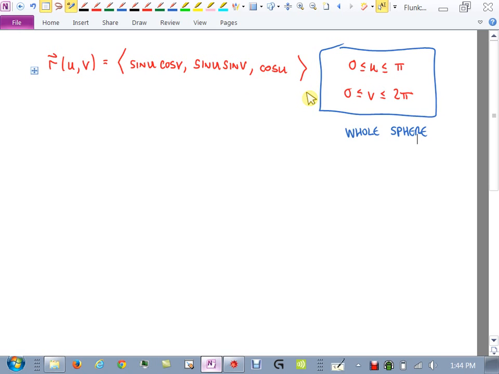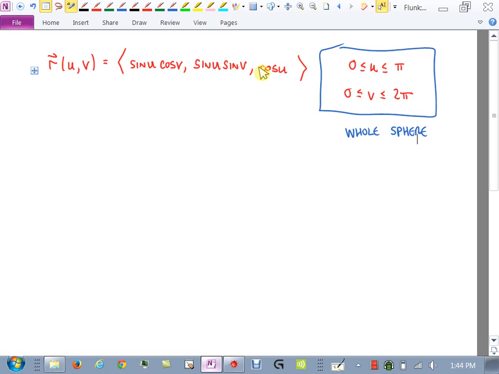If we're just trying to draw the cap part at the North Pole, do I want my theta to go all the way around? Yes. And I want my radius to be what? Unit sphere, 1. Well, that's already taken care of, right? There's a 1 in front of all these. It used to be a rho, but rho is 1 here. And then, how far do I come down? 0 to where?